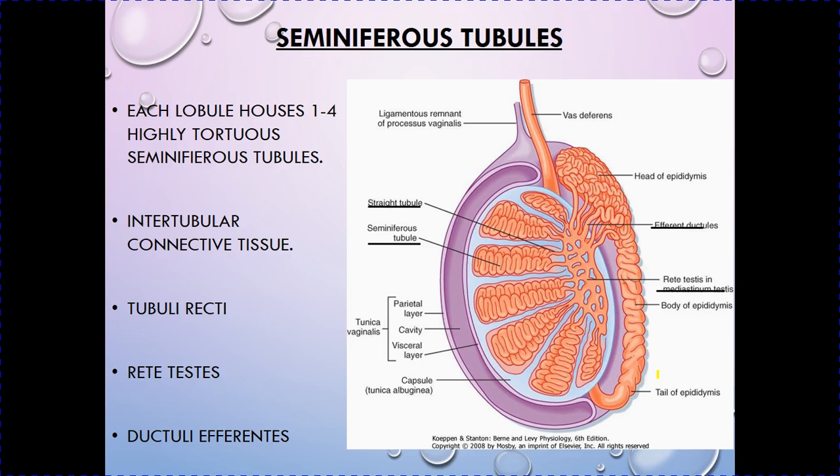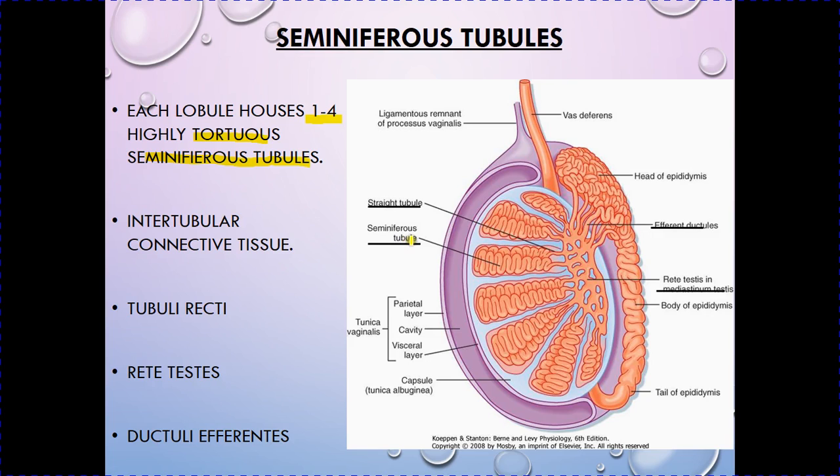We move to the next thing. Now, how are the seminiferous tubules formed? Each lobule houses about 1 to 4 highly tortuous seminiferous tubules. The individual tubules usually commence as free blind ends, but neighboring tubules may form anastomosing loops.